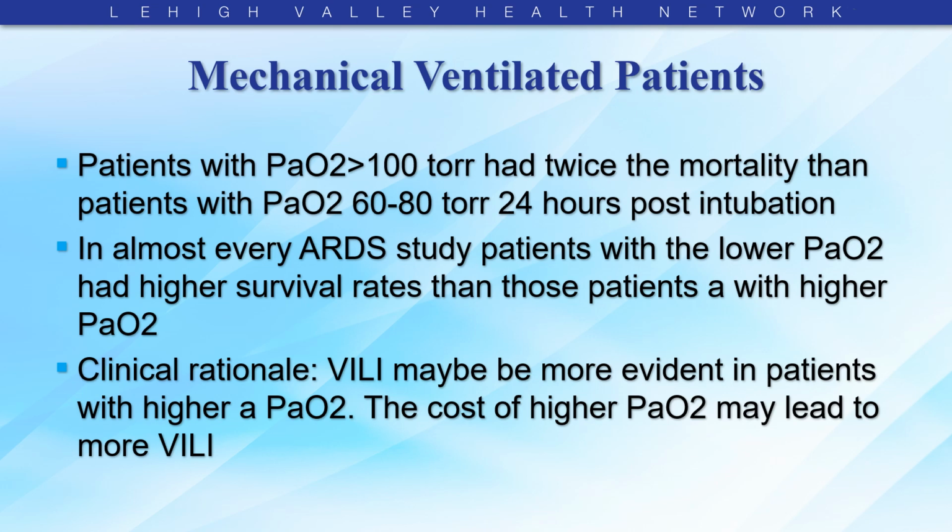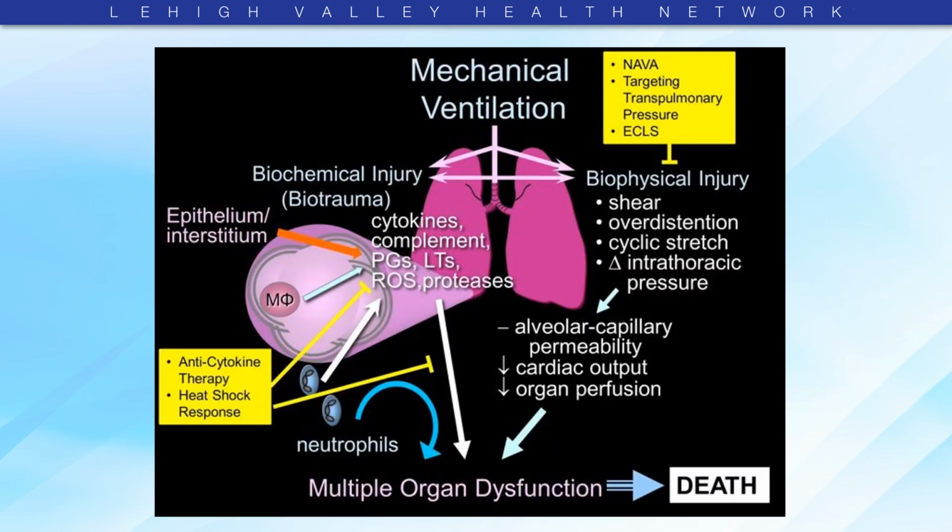During COVID, we target SATs around 85%, because again, the cost of oxygenation may be very destructive to the lung. You can see this is a very busy slide, but it shows you that you can get interstitial injury, you can get cytokine response, you can get a bunch of biophysical injury from shear trauma, overdistension, cyclic stretch.